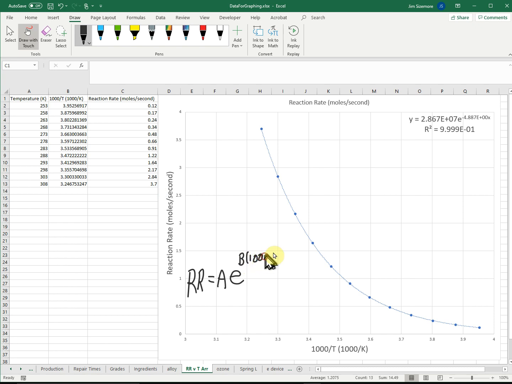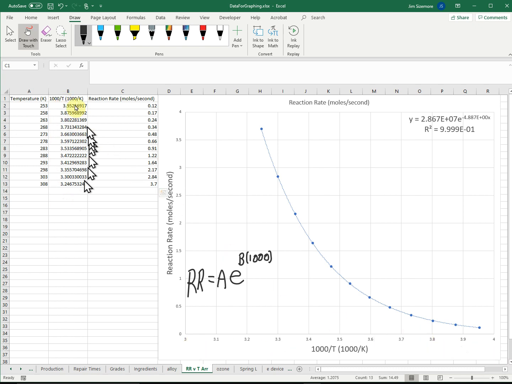Remember, the x-axis is 1,000 divided by t. If I went to 1 over t, I would have numbers like 0.0003, 0.00031, and so on. 1,000 divided by the temperature gives me nice numbers in the range of 3 to 4.